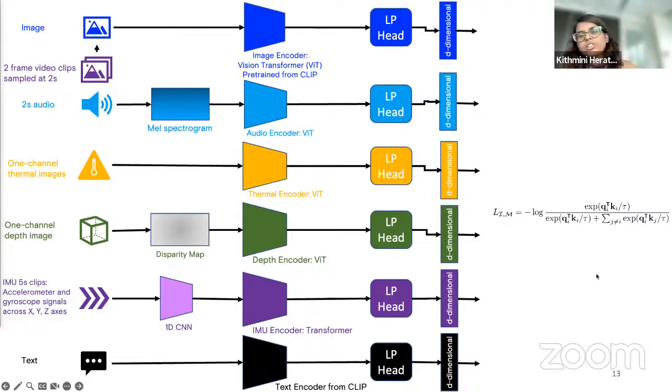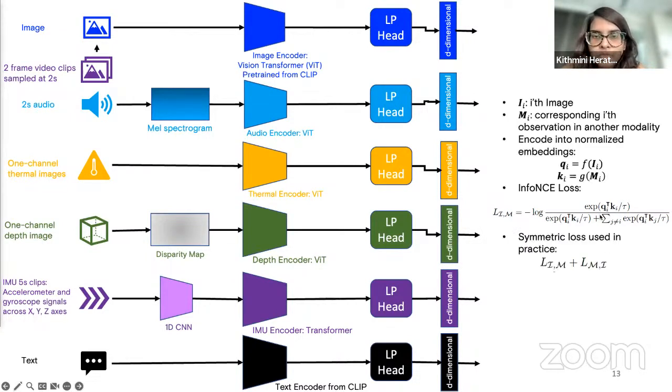When you look at this loss, just like I explained in the CLIP model, say that you have your ith image, and the corresponding ith observation for the M modality. You would encode it using their respective neural networks, and then send it through this loss.